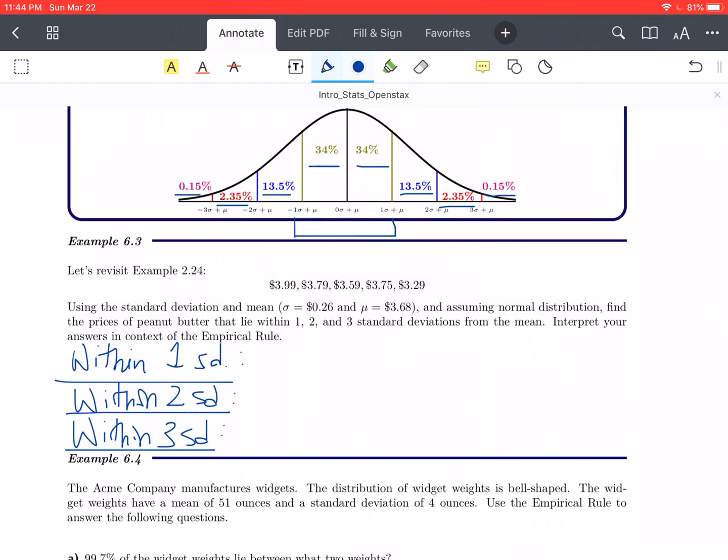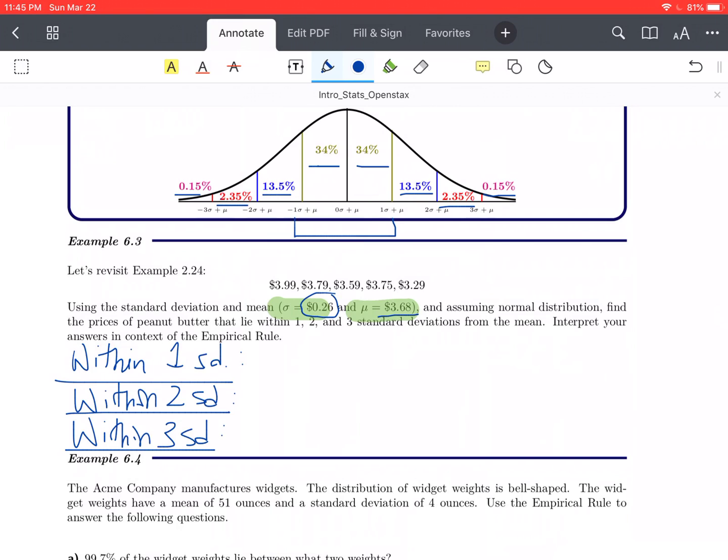Okay, so the mean we saw here is 3.68, and the standard deviation is 0.26. That means any data point that lies within 26 cents of this number is within 1 standard deviation. And it looks like 3 of those values are within 26 cents of 3.68.